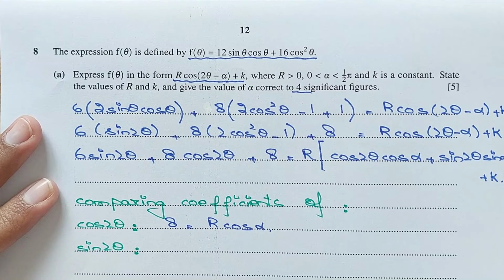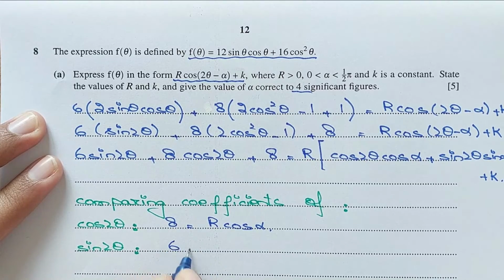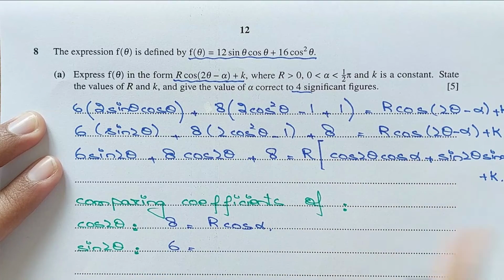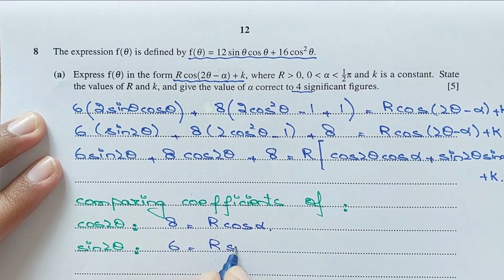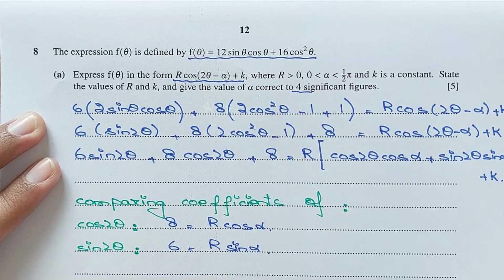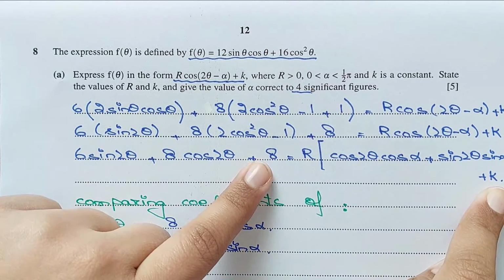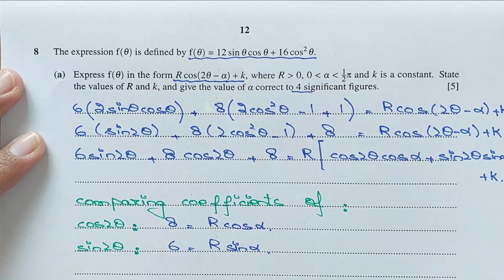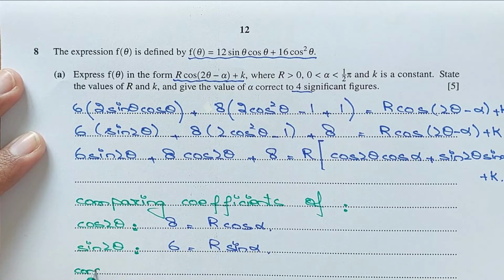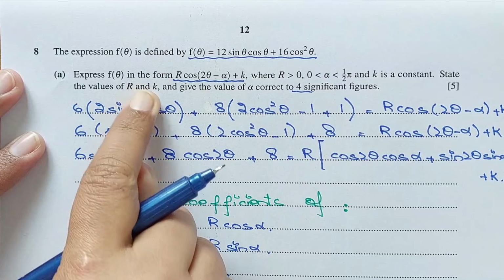Here we have 6, and here we have r sine alpha, and the constant k value is 8. If we compare the constants, we got the k value which is equal to 8. So we have done with the k value.